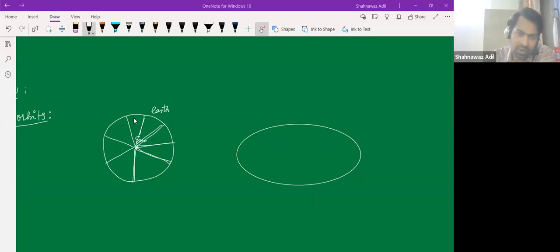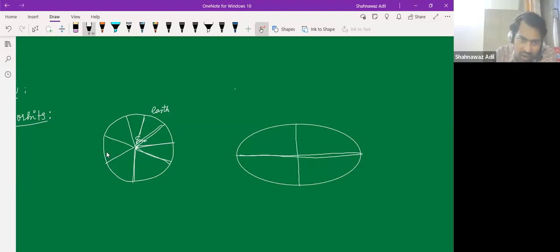Now if I have this center, I can't have any single center, right? Because if I draw a line, this length would be greater than this length.